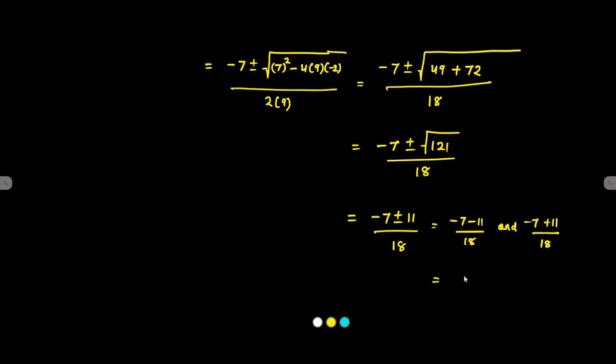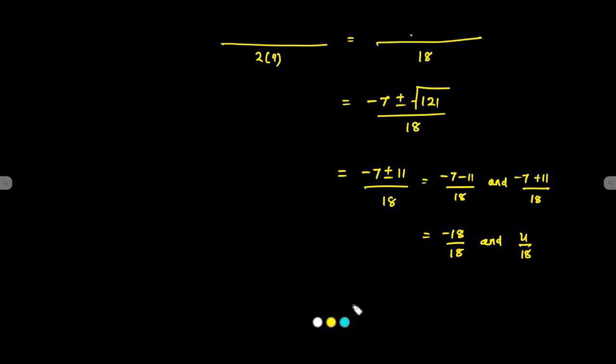So one is minus 18 by 18 and the other root is 4 by 18. So this is equal to minus 1, and if we cancel, the other is 2 by 9.